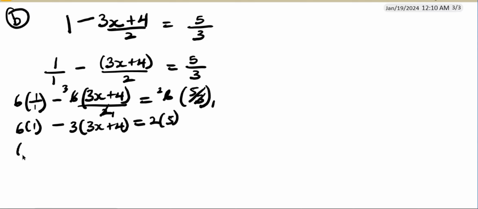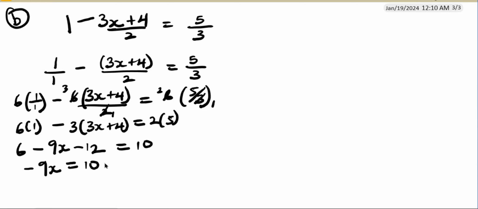So that will give me 6 minus 3 times 3x will give me minus 9x, minus 3 times plus 4 will give me minus 12 equals 2 times 5 will give me 10. So you collect like terms, there is already x here, so I can just keep it and take these numbers to this other side. That will give me minus 9x equals 10.